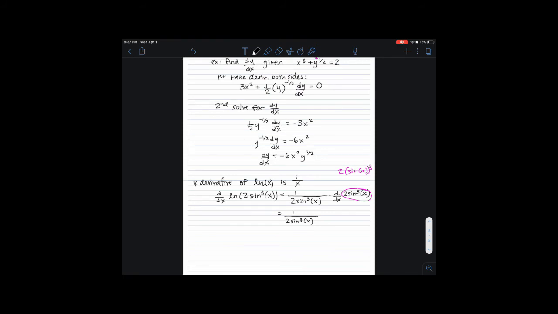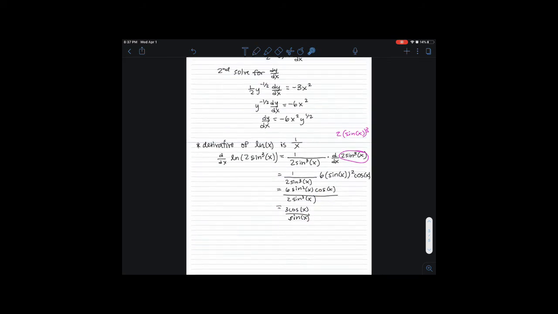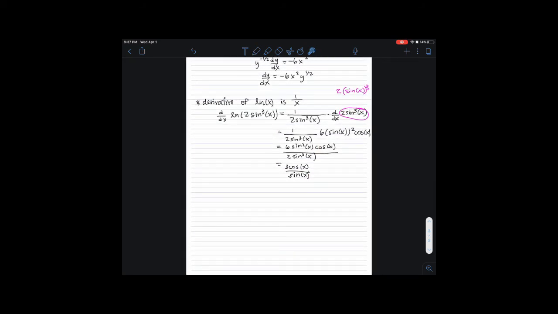So I'm going to need to bring down my third power and multiply it by the 2 to get 6 times sine of x squared. And then I need to multiply by the derivative of sine of x, which is cosine of x. So overall, I would get 6 sine squared of x times cosine of x over 2 sine cubed of x. I could simplify this to being 3 cosine of x over sine of x. But I think that my math lab would take either form. At least it did when I tried it.